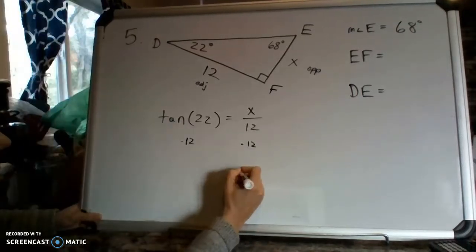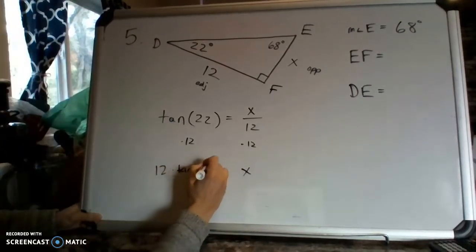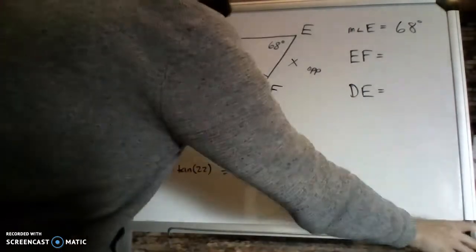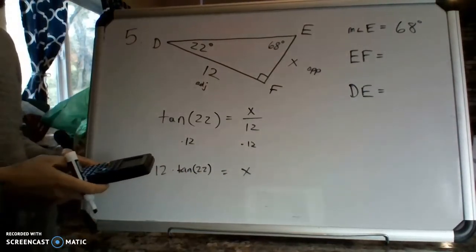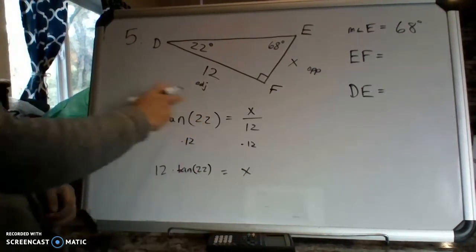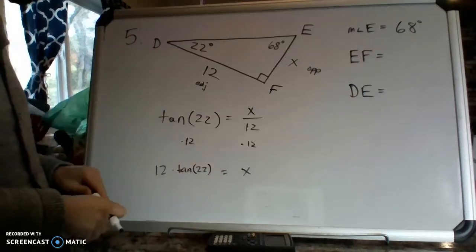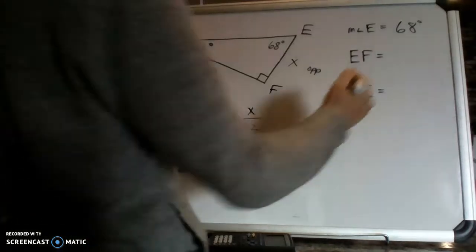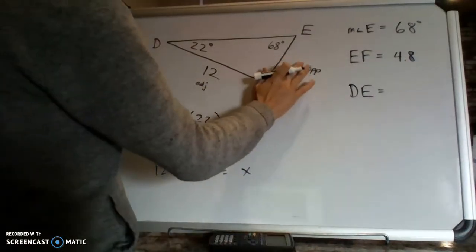So x will be equal to 12 times the tangent of 22. And remember, whenever you're dealing with sine, cosine, and tangent, you're going to have to use your calculator to do the solves on these, because your calculator holds all these ratio values in it. If you evaluate that, it comes out to approximately 4.8. The length of side EF is 4.8.